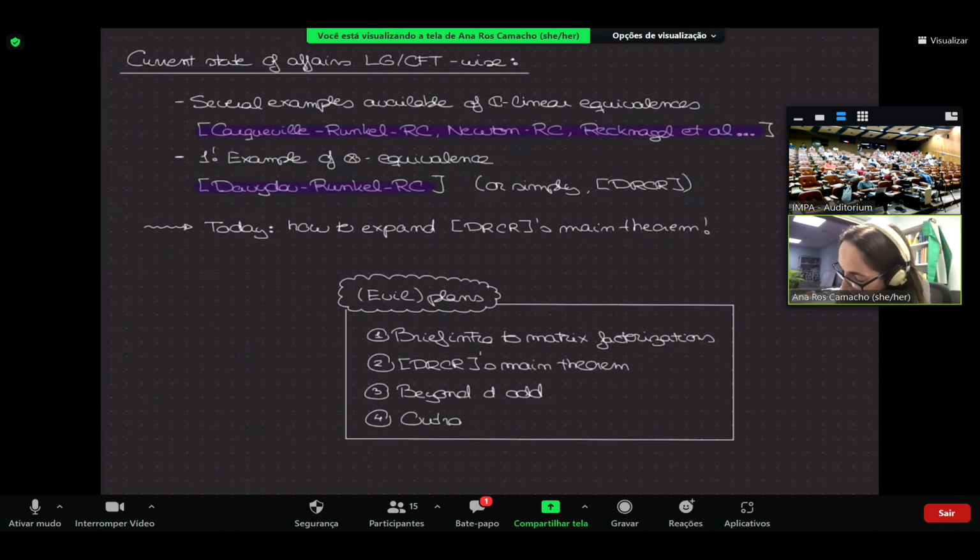So, evil plan for today. In order to do that, I'm not expecting everybody to be an expert on matrix factorizations, unlike the other side of the correspondence. I would like to give you a very brief introduction. I'm not going to assume a lot. Then I would like to state this main theorem, and then tell you a little bit about how we managed to prove recently that this equivalence holds for more parameters than we initially thought.